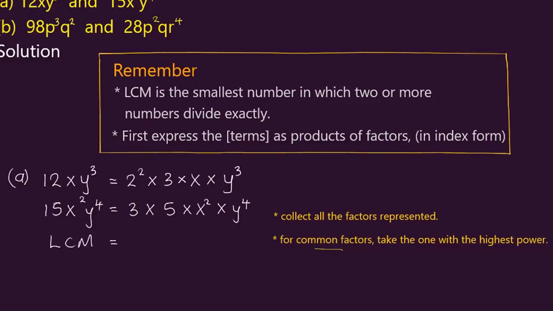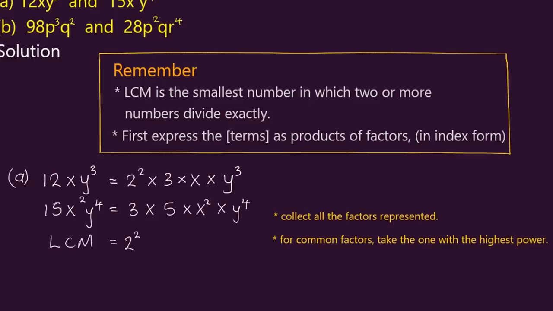So if we go on to our factors for 12xy cubed and 15x squared y to the power of 4, since we are told to collect all factors represented, we start with the terms that have the base 2. So we look at 2 squared, and there is no other term on the other set of factors that has the same base, so we have to represent 2 squared in the LCM.